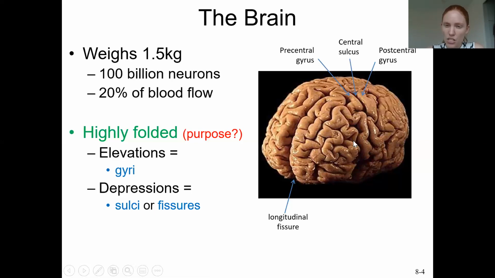Now the shallow depressions between the gyri are called sulci if it's plural, or sulcus if it's singular. And the deeper ones, for example the longitudinal fissure right here, are called fissures. So the gyri are the elevations, the sulci are the depressions between the gyri, and the fissures are deeper grooves.